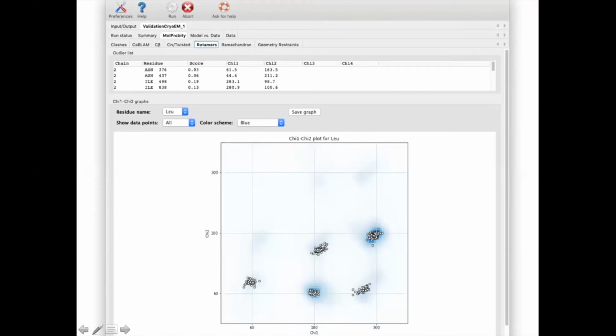And so restraining them is fine, except that you have to be sure you're in the right one. It's a bit like the Ramachandran problem, that there are some tools in the real space refinement in Phenix where you can actually optimize whole sets of rotamers against each other in a local group. And you can also make small adjustments to the backbone, which you need to do to really fit them.